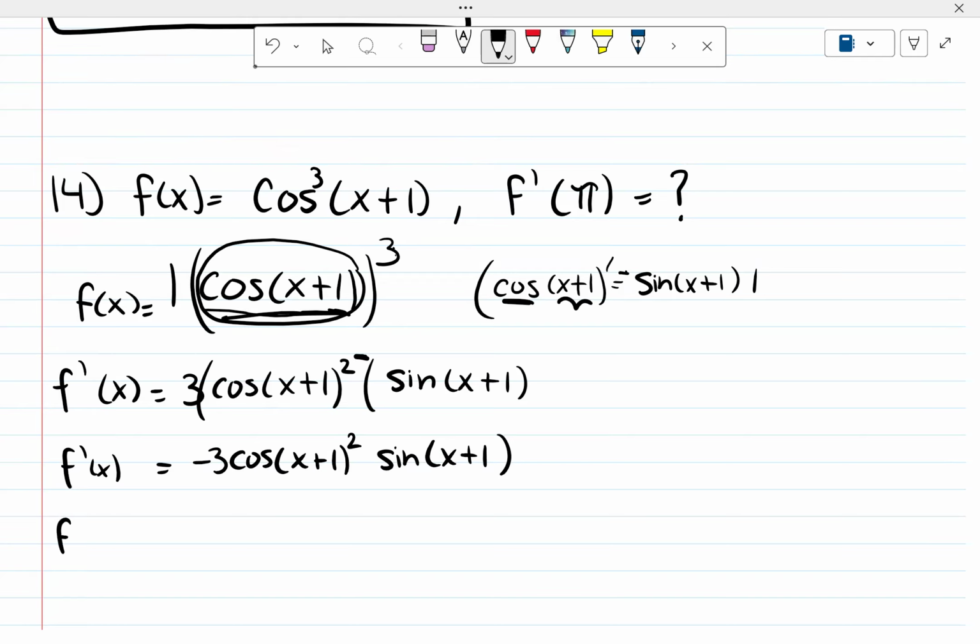So for f prime of pi, wherever you see an x, plug in pi. -3 cosine of pi plus 1 squared sin of pi plus 1. And that's it. You can just leave it like this.